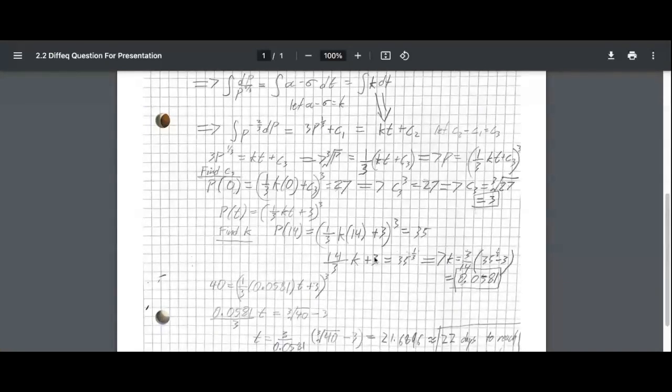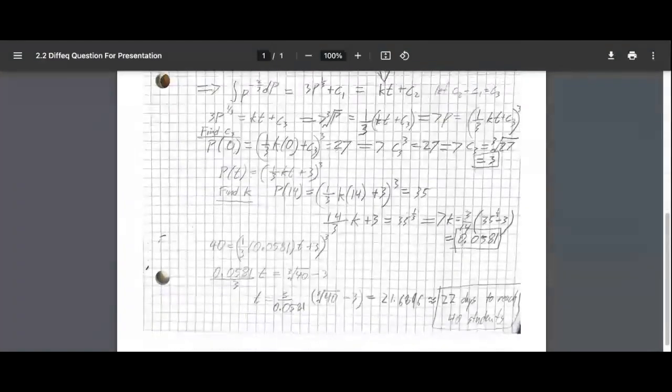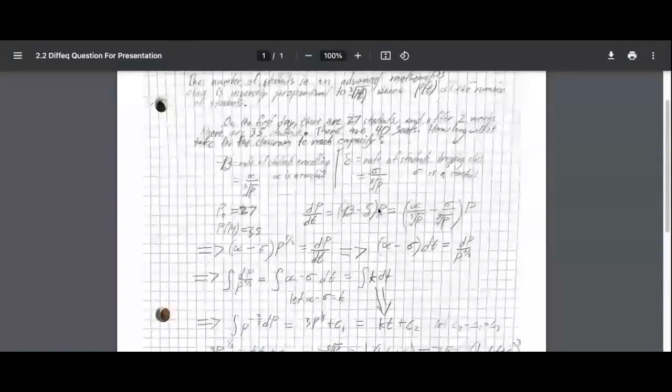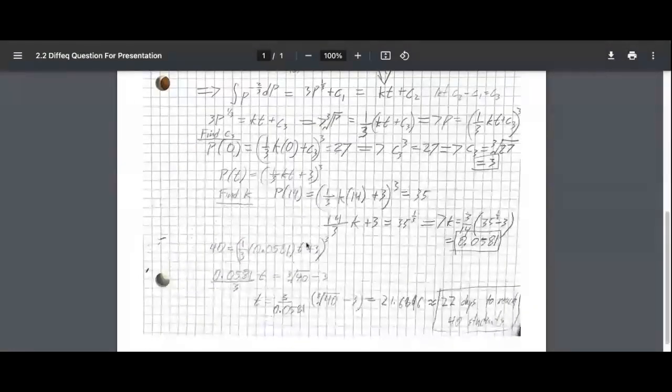And so after this, the original question was to find how long will it take for the classroom to reach capacity. That means when there are 40 students signed up for the class. And we can find out how long it's going to take by just plugging in 40 for P of t and then solving for t. So here we have that on this third to last line.